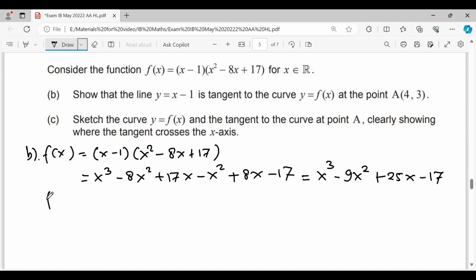And the derivative of that function is, because we have to find the derivative first because we are going to find the tangent, the derivative of this function is 3x squared minus 18x plus 25.